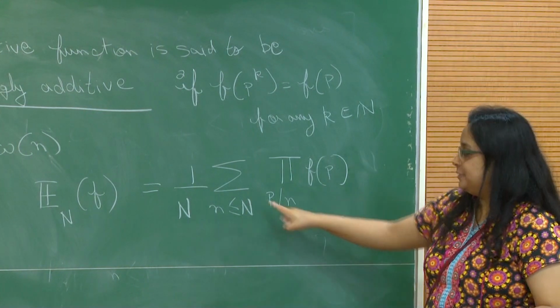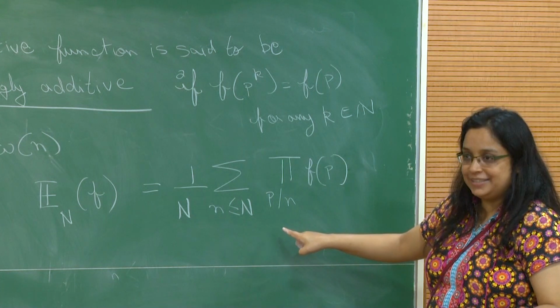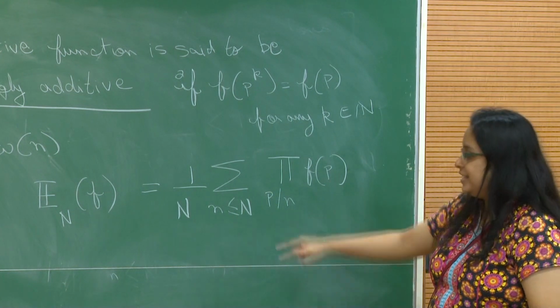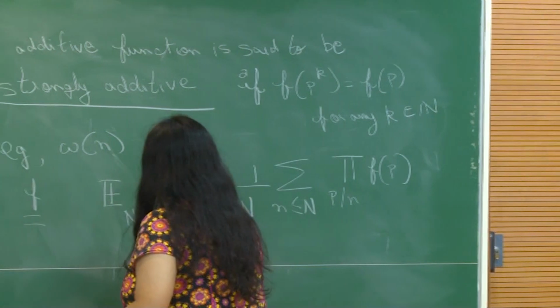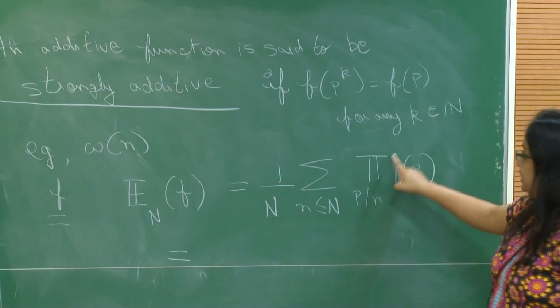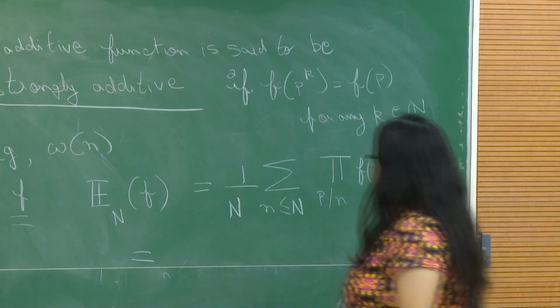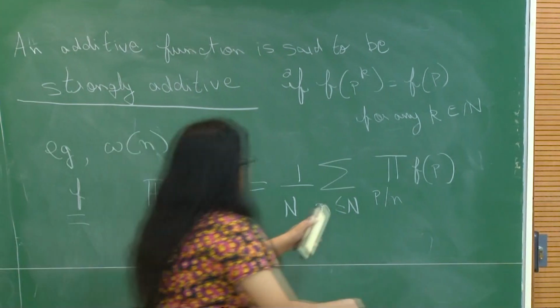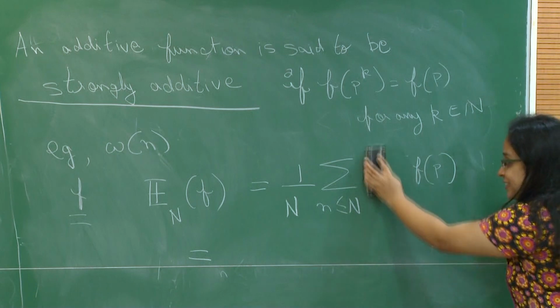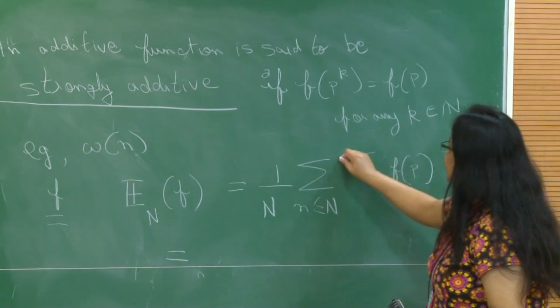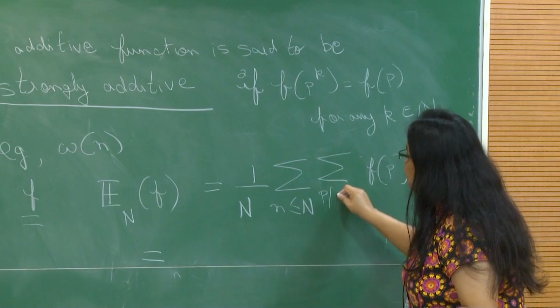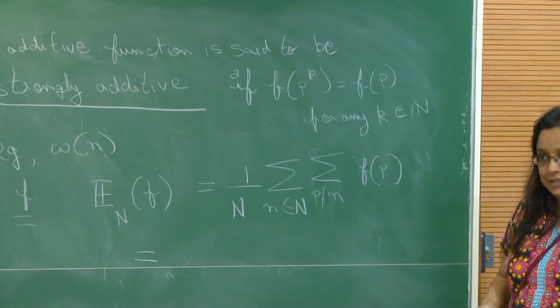And by now you are familiar with this template of calculations to know that you have to interchange. Of course, when you were doing omega of n, this thing was just 1. Oh, not product, sorry, I am talking about additive functions. So, you have a sum over all the primes dividing n of f of p.